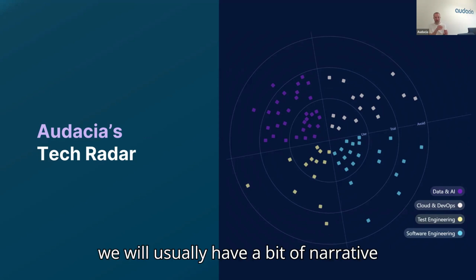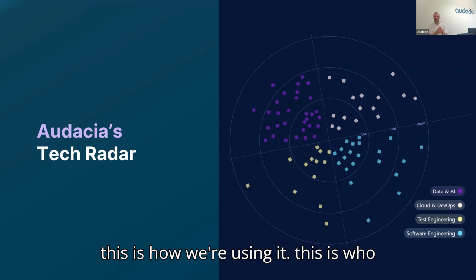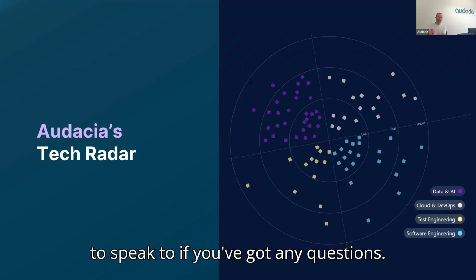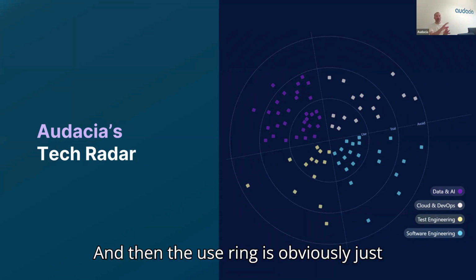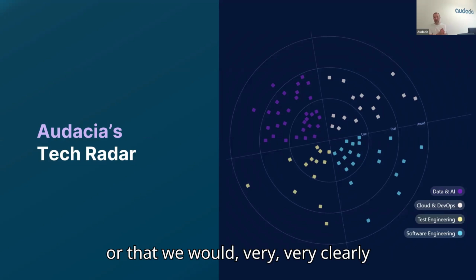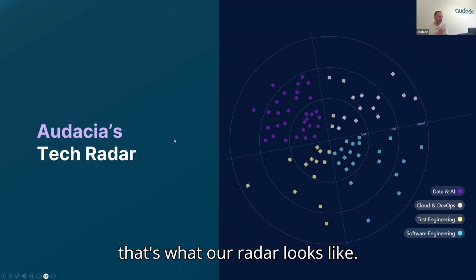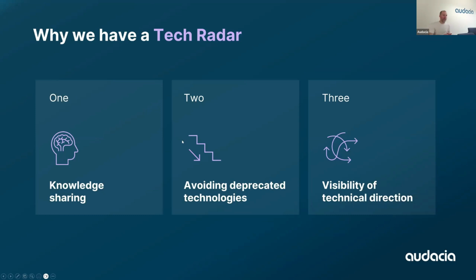Again, within each blip, we will usually add a bit of narrative that says this is where we're using it, this is how we're using it, this is who to speak to if you've got any questions. And then the use ring is obviously just things that are being used in production, or that we would very, very clearly recommend that people use. So that's what our radar looks like.